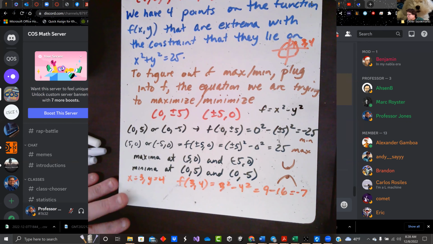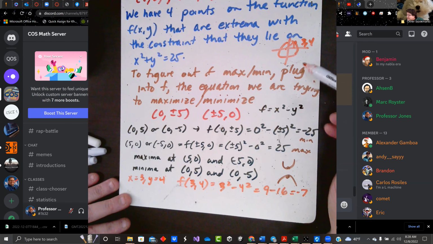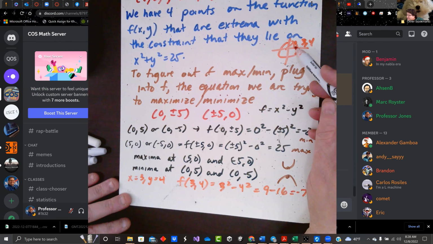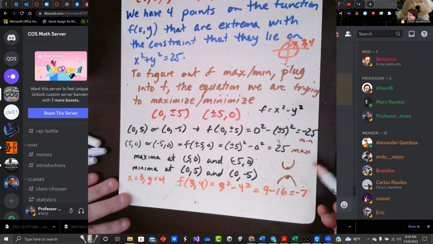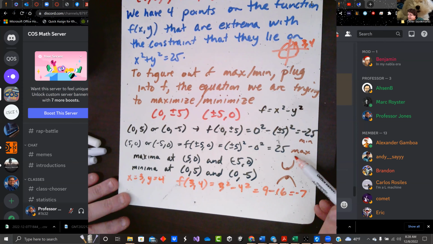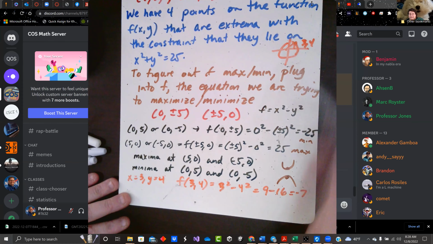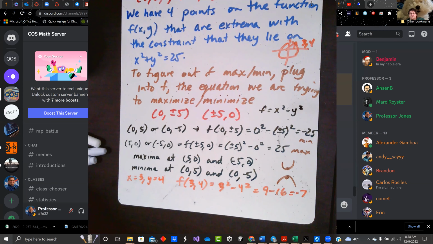The closer we get to one of the maxes along the x-axis, the closer we should be getting to positive 25. And the closer we get to the vertical axis, our y-axis, the closer we're getting to negative 25.